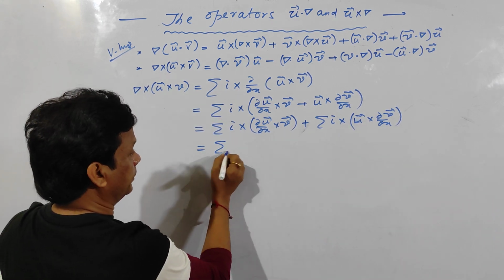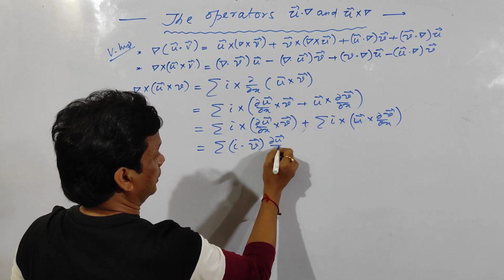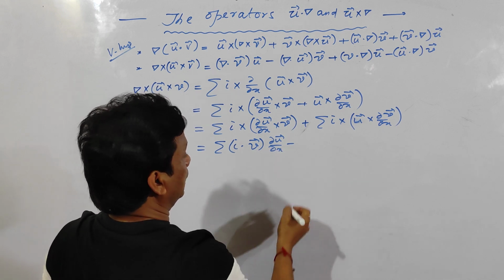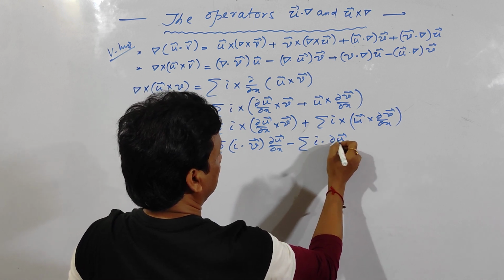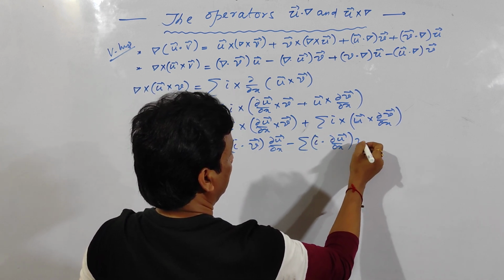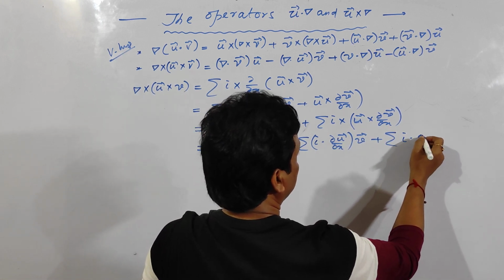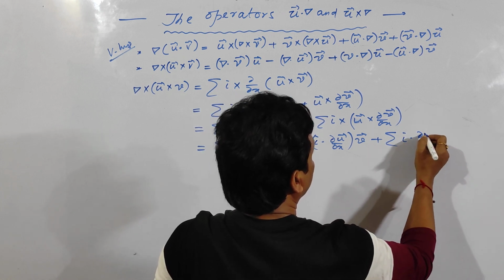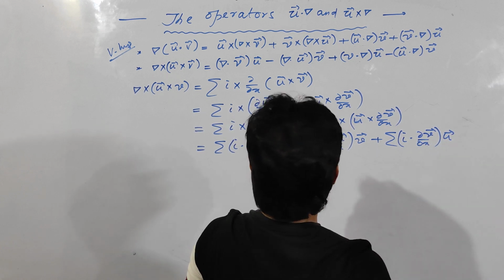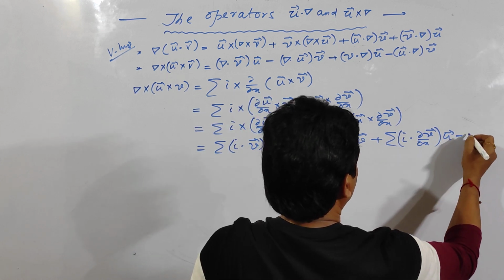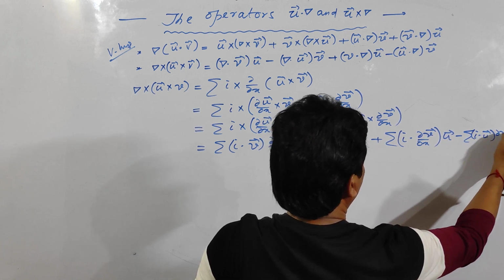It will become summation i dot v into del u by del x minus, and I am separating directly, summation i dot del u by del x into v plus summation i dot del v by del x into u minus summation i dot u into del v by del x.